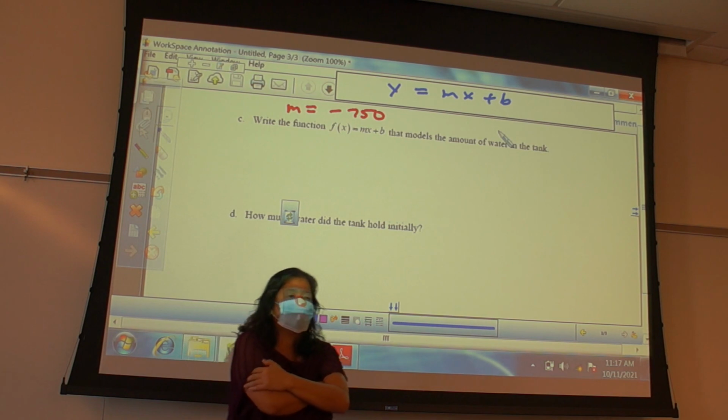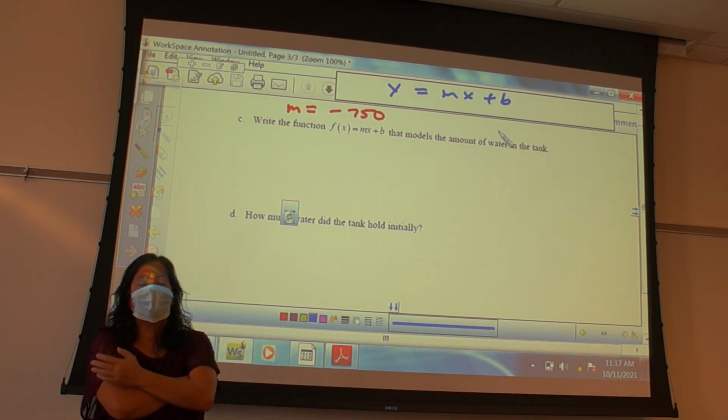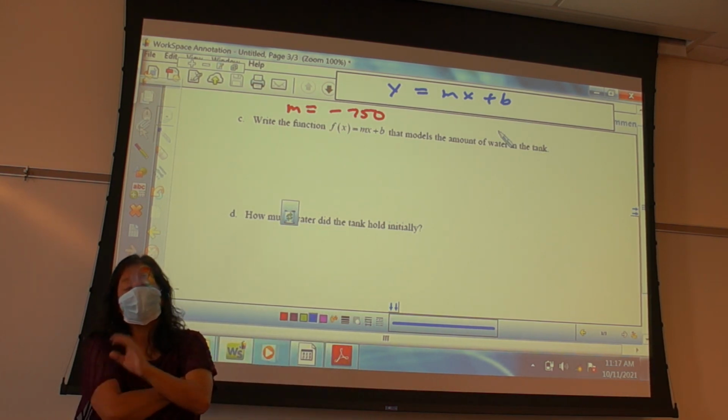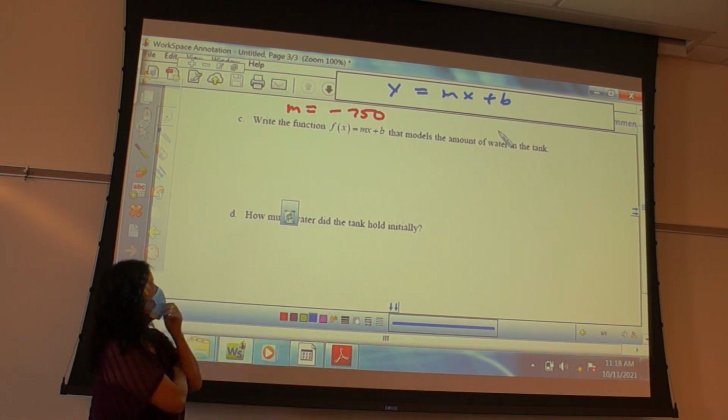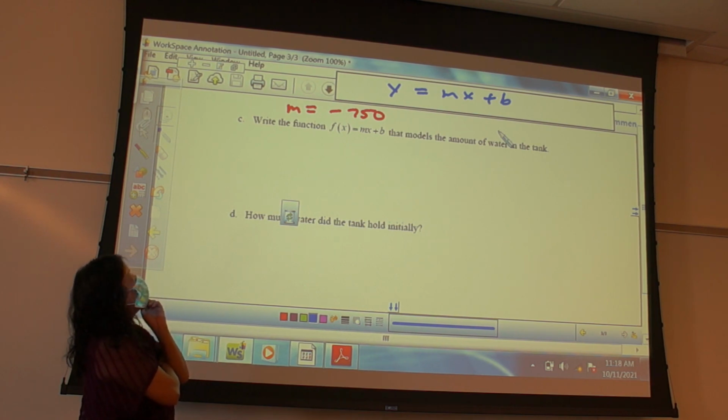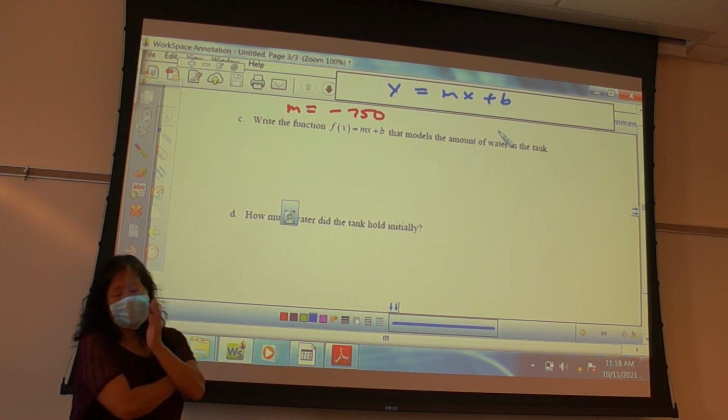And b is our initial amount. In other words, when x is 0, what's our y? But this time, they didn't give us when x is 0. Usually they'd give it to us, like all the problems before. This time they didn't. So now we have to figure out what b is.